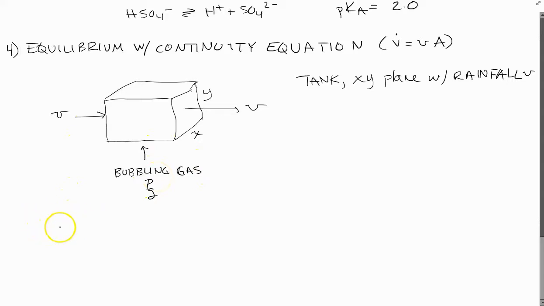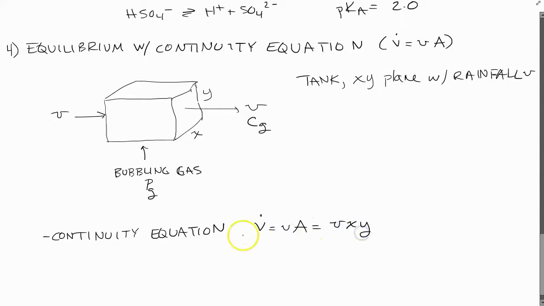So if you're given this sort of situation, this is going to have some sort of concentration. Again, you've got some sort of gas, you've got something in a liquid. You need to use Henry's law, but you're also going to have to use the continuity equation. So you've got the continuity equation, Q equals vA, which would also be, in this situation, vxy.